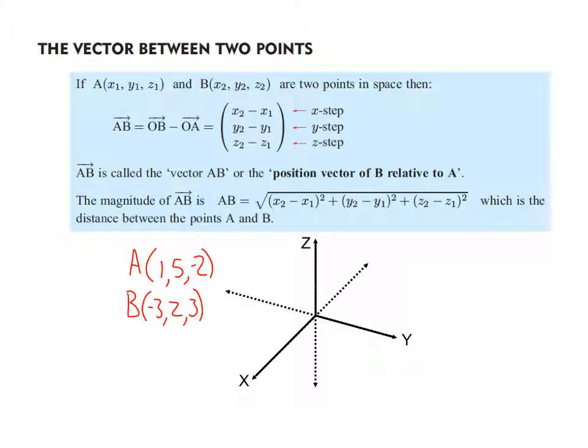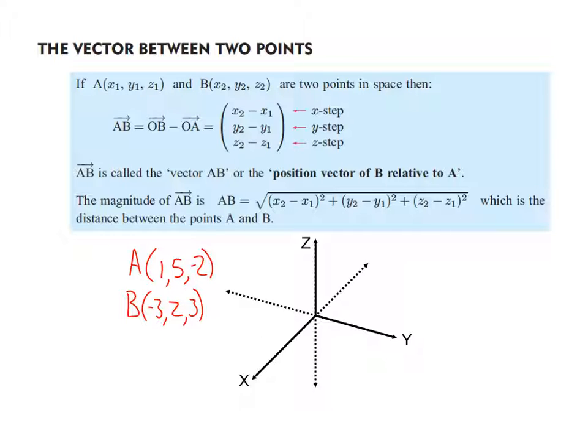You take the position vector to the point you're going to, in this case B, minus the position vector to the point you're coming from. Since the position vectors are just the coordinates, notice here we have x2, y2, z2 minus x1, y1, z1.